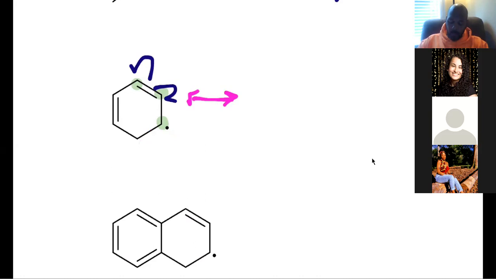All right, anybody got it drawn? Yeah, so you would make a double bond to the right of the radical and then move the double bond into a lone pair on that vertex. Right here? Yes. It's not a lone pair now, it's just a radical, just a single electron. All right, you can do another one.